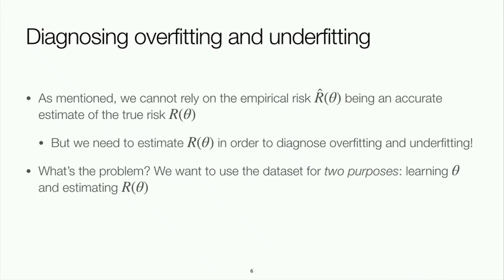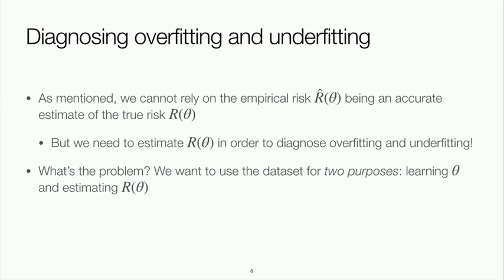And remember, the problem with using the empirical risk to estimate the true risk is that we're trying to use our data set for two purposes. The first thing we're trying to do with our data set is learn theta. And what is learning theta? It means minimizing the empirical risk. Because we're trying to do that with our data set already, we can't then reuse that same data for estimating our true risk. This is classic data corruption.